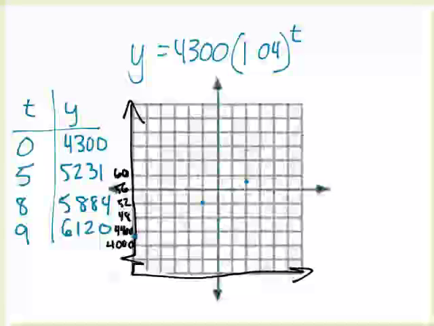And at 9, we are just past the 6. That's not a very curved graph. Why do you think that is? Because 4% is not a big increase.